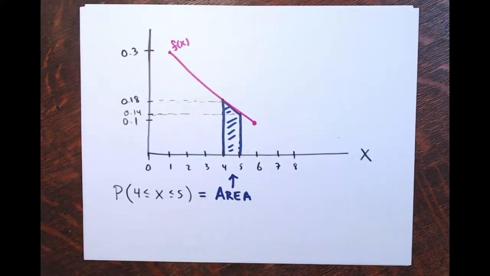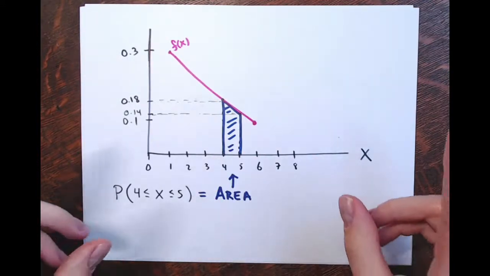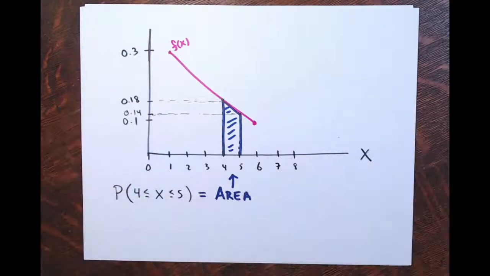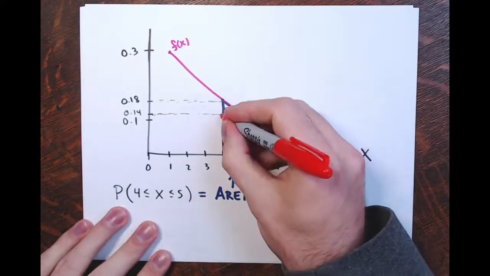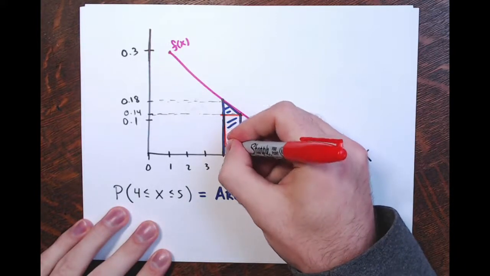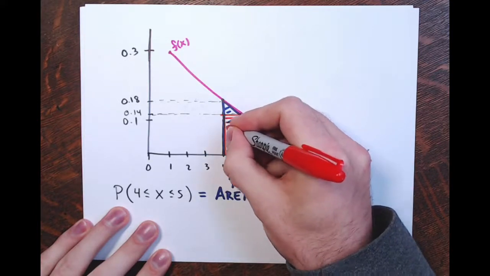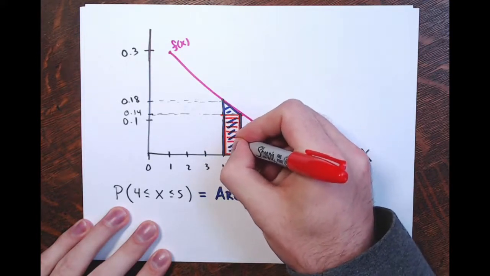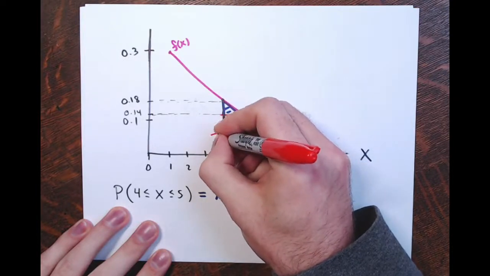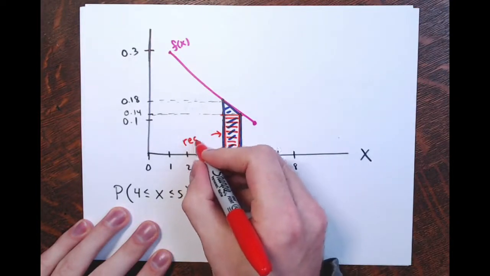Now, like I said a second ago, this is a complex area where we can break it up. We can break it up into a rectangle. See this rectangle here that I'm shading in orange.